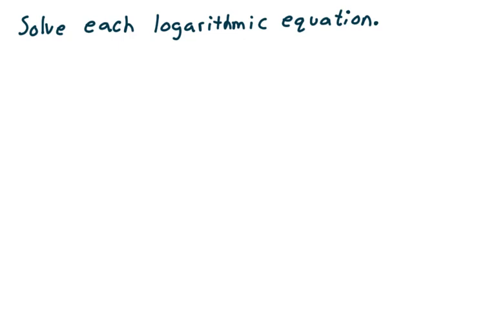With that, let's take a look at B. What I have is log base 7 of 2x squared minus 5x plus 31 equals 2.